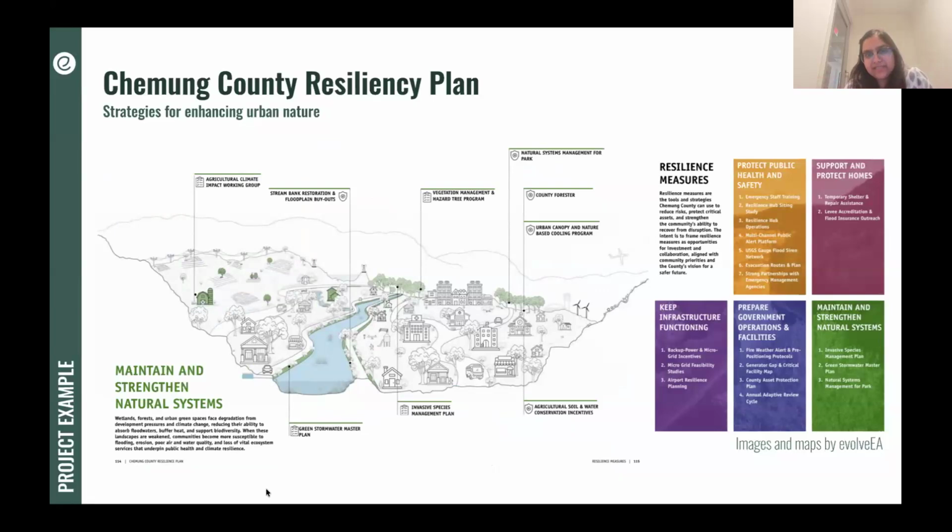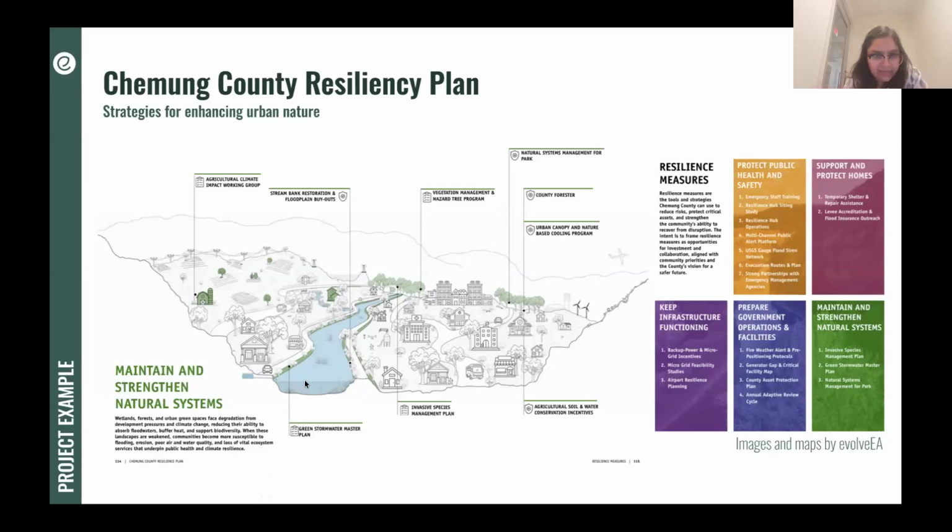So this may manifest in planning as a green water infrastructure plan or a master plan, natural systems management plans for parks, agricultural soil and water conservation incentives within municipalities as well. So understanding the habitat connectivity in the communities that you work in is of utmost importance because planning and development does not exist in isolation.